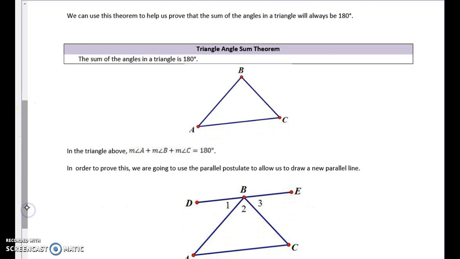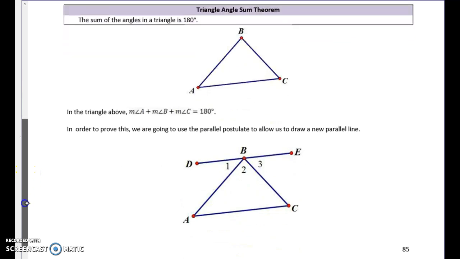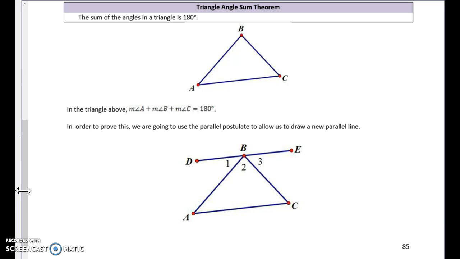Looking down here, I want to prove that the sum of the angles in a triangle is 180 degrees. I'm going to do that by drawing a line through point B that is parallel to AC. So I have created this line where DE is parallel to AC.